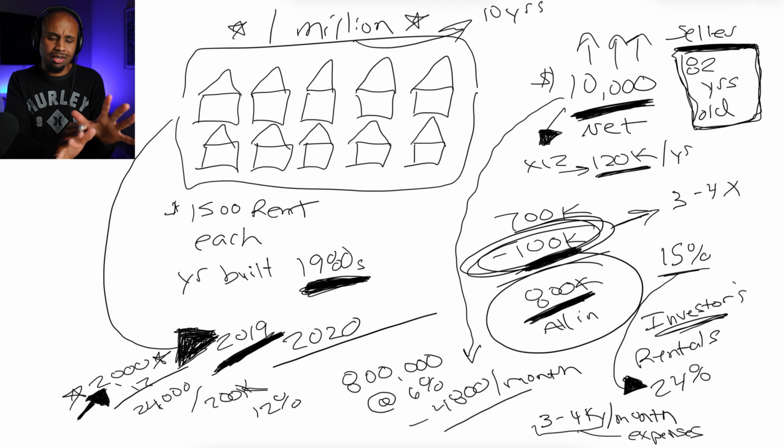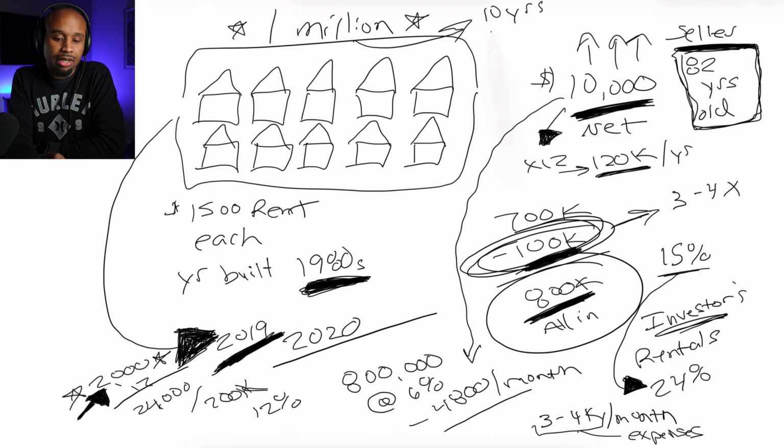These houses, because they're in great neighborhoods, people want to live there, so they may be appreciating more than 5%. But let's just say 5%. If 3% is inflation, you're keeping 2% in the next 10 years. So that'll be 200 grand. So this will go up to 1.2 million.